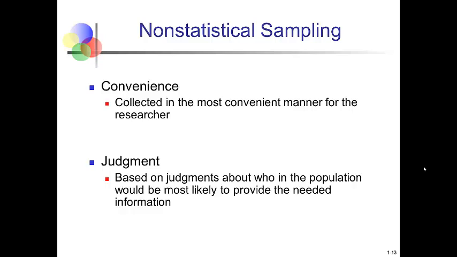Judgment requires the person who's doing the research to use their best judgment about who would be best to think about asking these questions. Right? Who's most likely to provide me with the needed information? So you could think about this. You get a job and you're responsible for billing people who buy stuff from you.